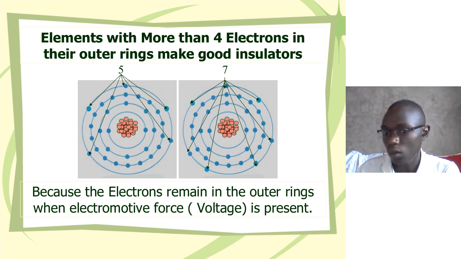So the bigger picture here is mobility of the electrons. If the electrons are immobile, we have an insulator. If the electrons are mobile, we have a conductor. Then we have this major magic material called the semiconductor that is going to be in between. That's really our area of interest.